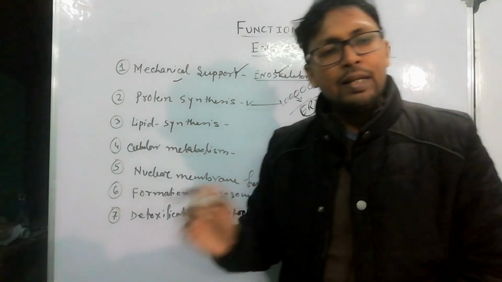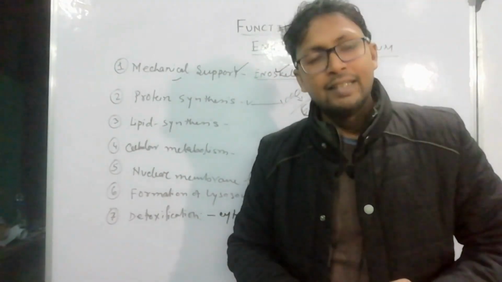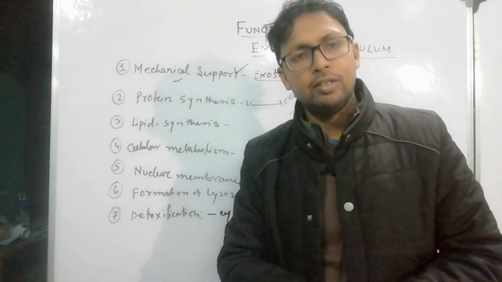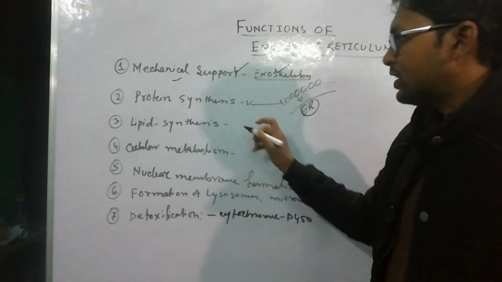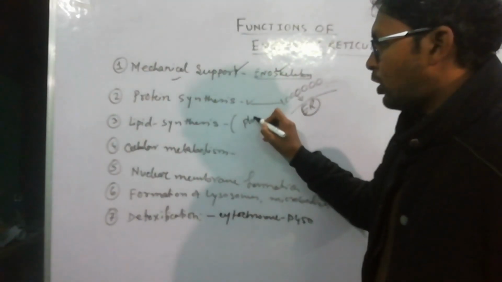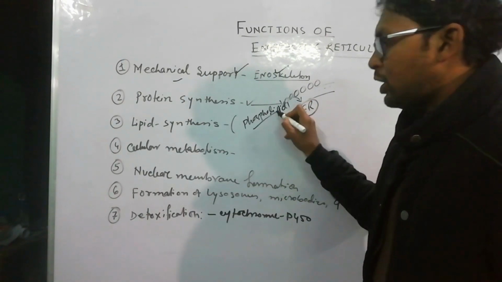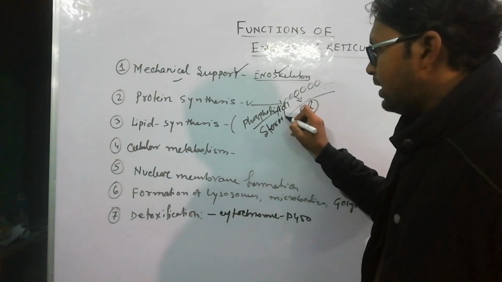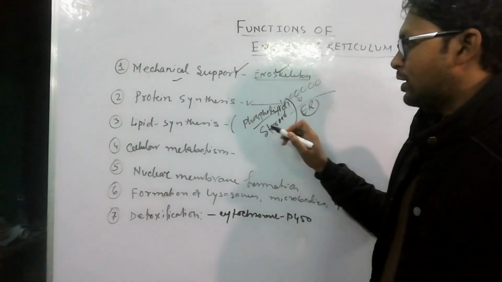Lipid synthesis. Lipids here mean steroidal hormones. These steroidal hormones are produced in your adrenal cortex, and smooth endoplasmic reticulum's major function is the synthesis of phospholipids and steroids. Phospholipid is the major part of the cell membrane, and sex steroids or steroids in the adrenal cortex region are majorly made in smooth endoplasmic reticulum.